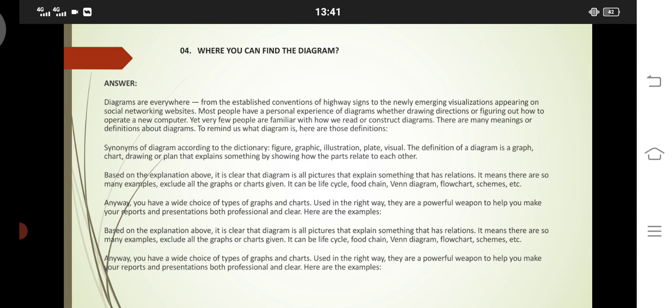It can be a leaf, a food chain, a Venn diagram, flowcharts, schemas, etc. Anyway, you have a wide choice of types of graphs and charts to use in the right way. They are a powerful weapon to help you make your reports and presentations both professional and clear.